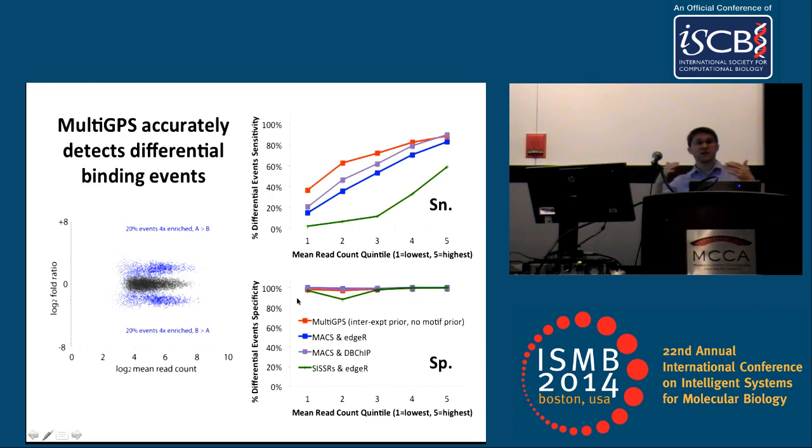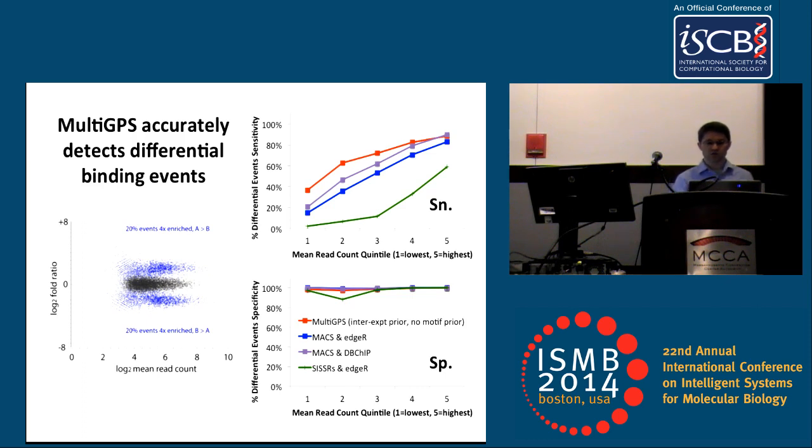So multi-GPS, as I said, quantifies the binding at each event using this probabilistic model. And then within multi-GPS itself, it just runs edgeR on the table of quantified binding events.